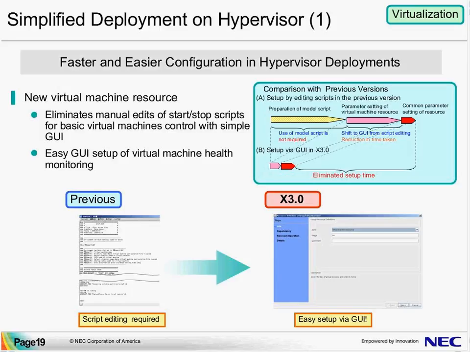The scripting capability is still available. So for more customized settings, the scripting is still available for users to use. So now with Release 3, it has both a GUI wizard that makes it easy to set up basic protection, but also still offers the scripting capability for more customized environments.